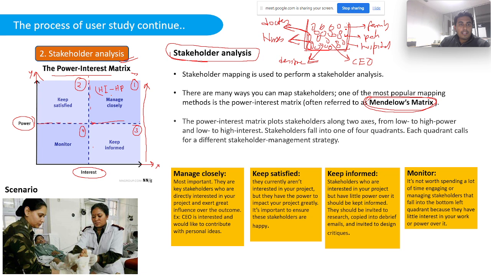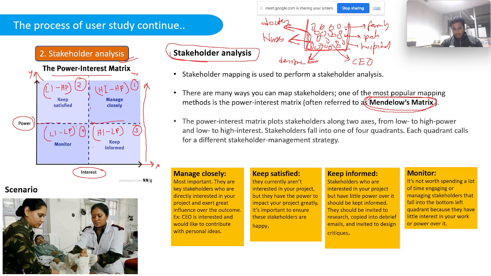So this is high interest, high power. Now this quadrant defines someone who has low interest but high power. Then here we have someone who has high interest but low power. Then we have someone who has low interest and low power.